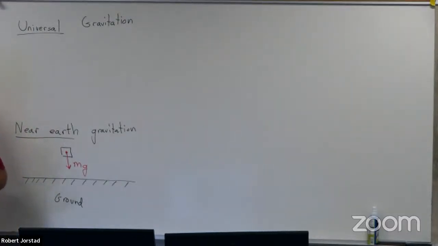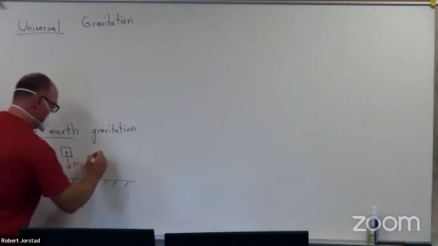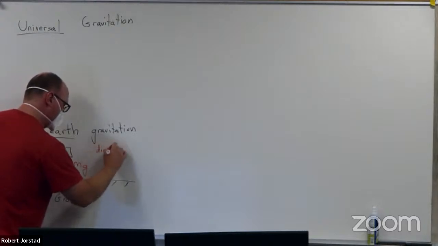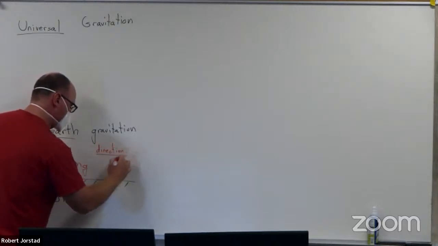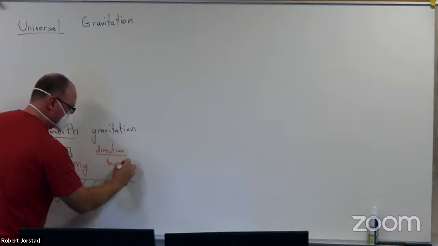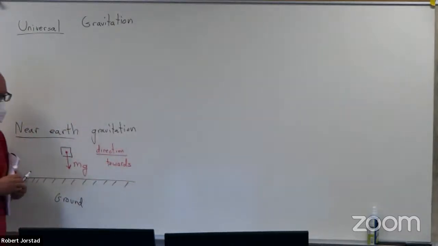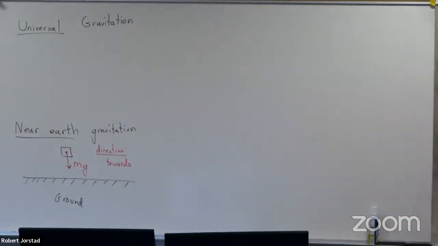Technically, most of you probably would say it acts downwards, right? Well, what if you're on the opposite side of the planet? Downwards would be different. Towards the center is the most general way.